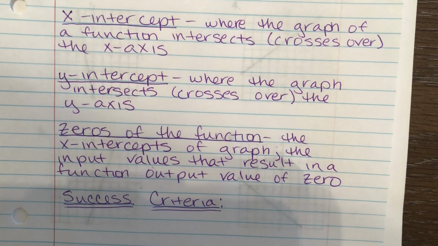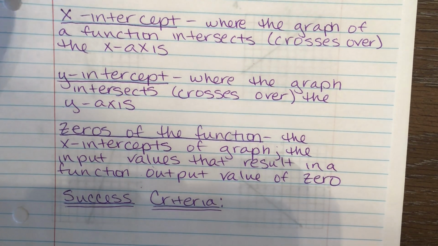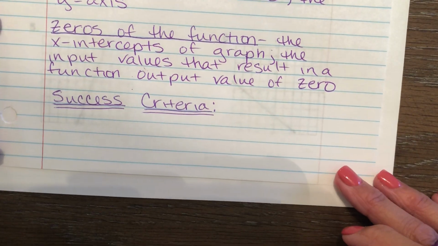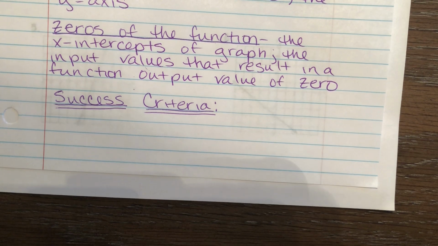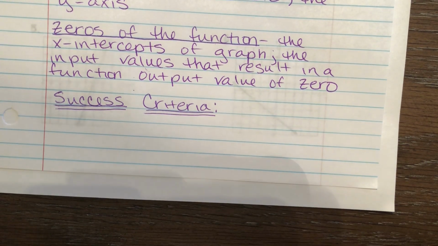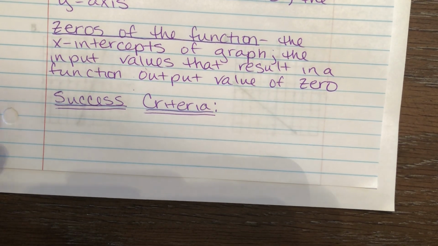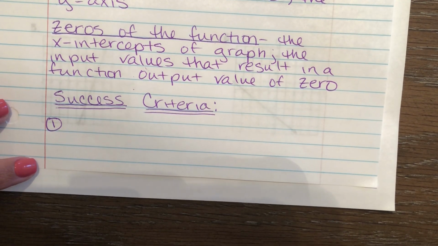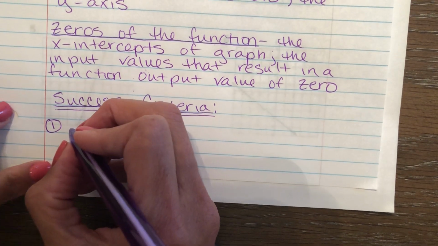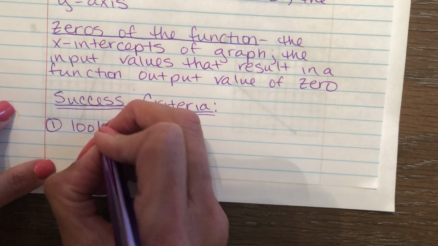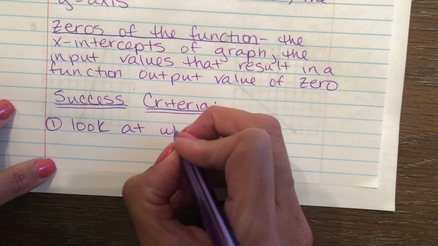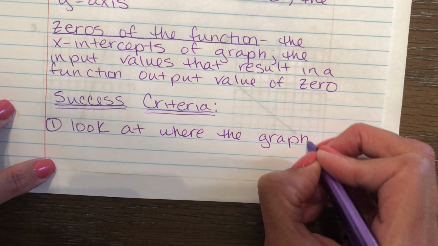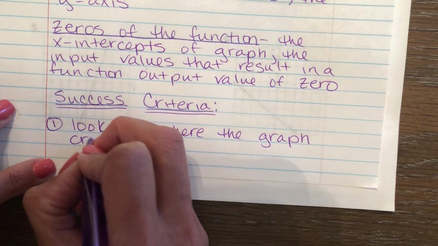All right. So let's talk about success criteria. How can you successfully find x and y intercepts? First of all, step 1, you want to look at where the graph crosses over the axis.